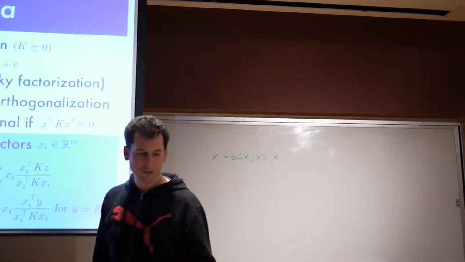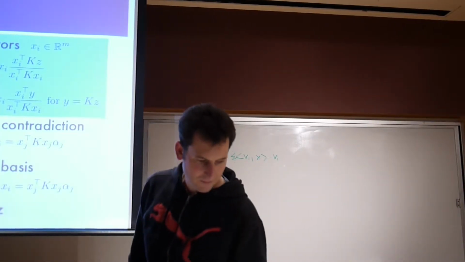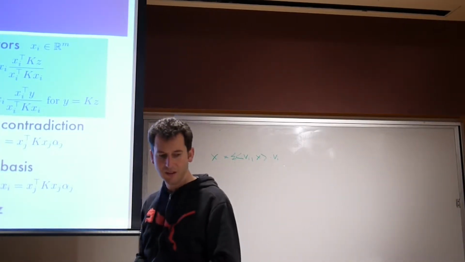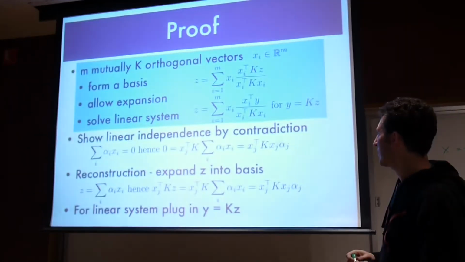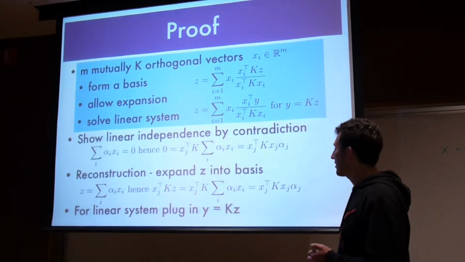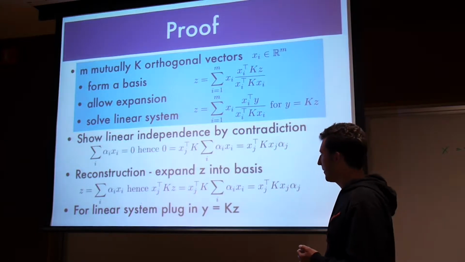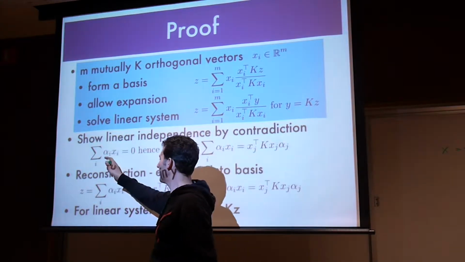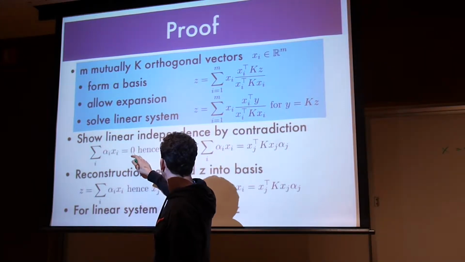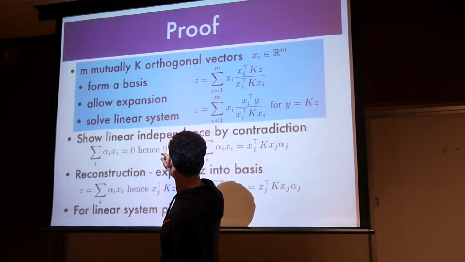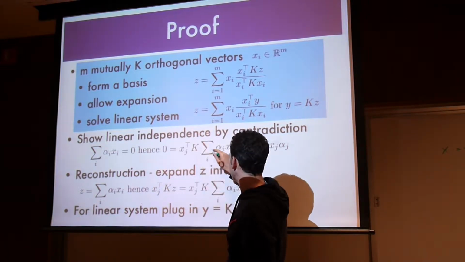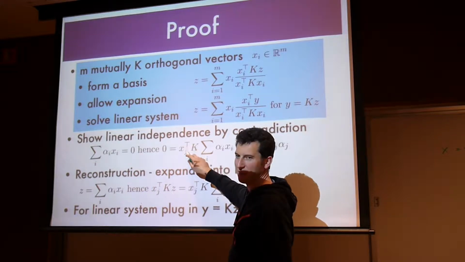So let's prove that this is actually a sensible thing to do. The first thing we need to show is that those vectors are linearly independent. Let's assume those x's were linearly dependent. So I can write 0 equals K times these vectors, and I can multiply it by some other x_j.